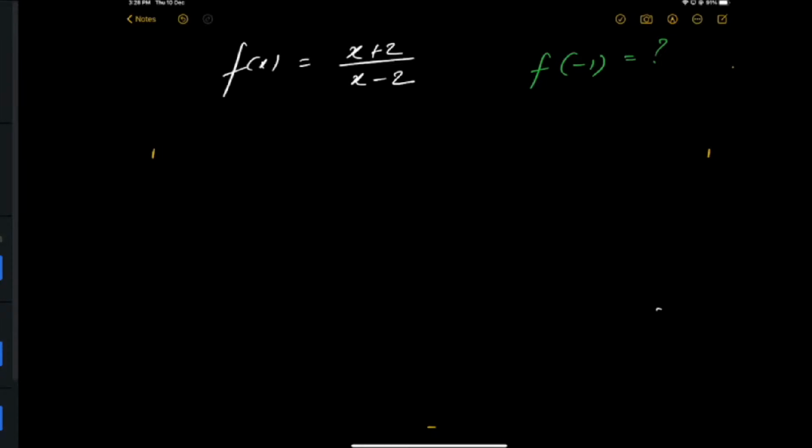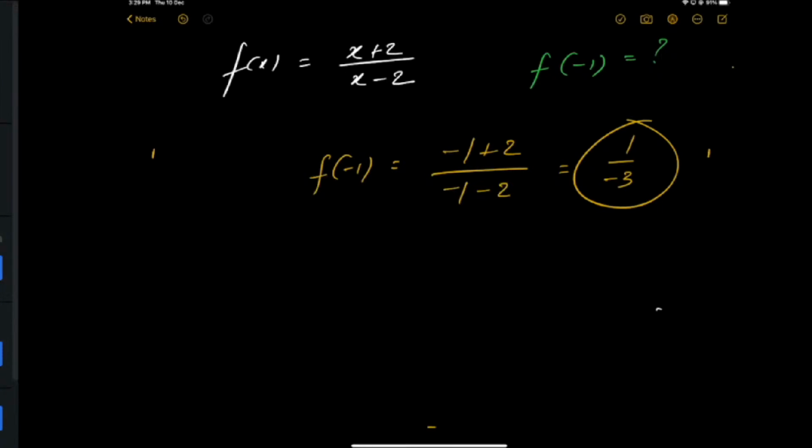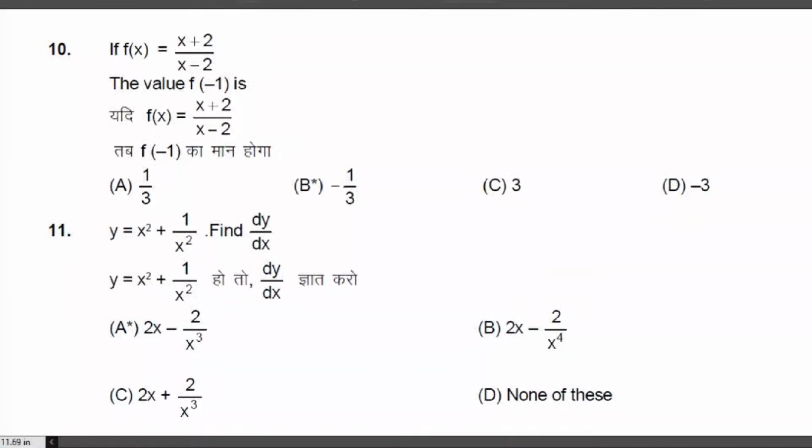It's quite simple. You just substitute minus 1 in place of x. So f of minus 1 equals minus 1 plus 2 by minus 1 minus 2, which is equal to 1 by minus 3. So minus 1 by 3 is your answer. So the option is option B in question number 10.